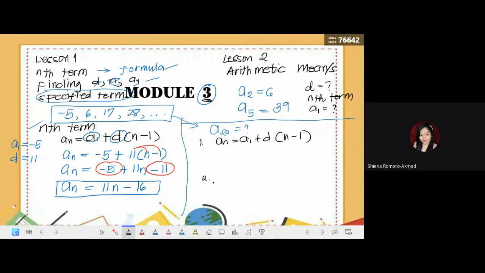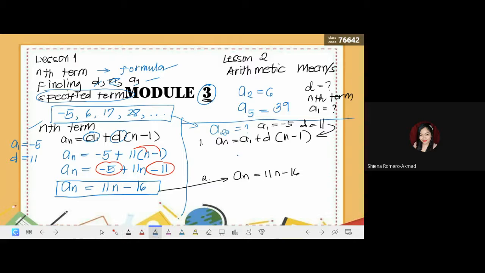Pangalawa, using the end term, kung meron na, kung may binigay. Okay? Pero kung wala tayong choice kundi ito yung gamitin, ano lang yung gagawin? Substitute lang natin yung first term and yung difference.